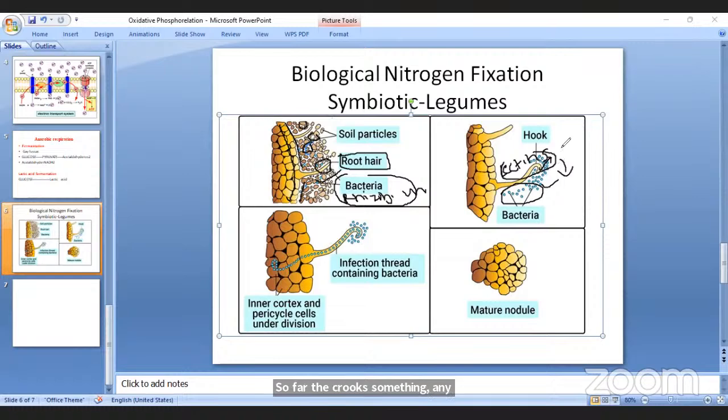Any idea? Scientist name, crook. This bending is called Shepherd's crook.